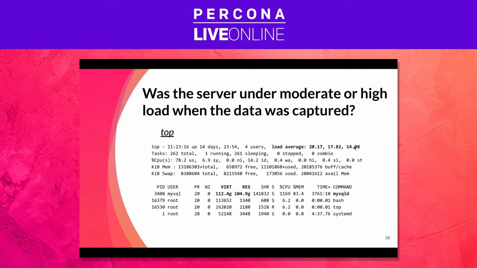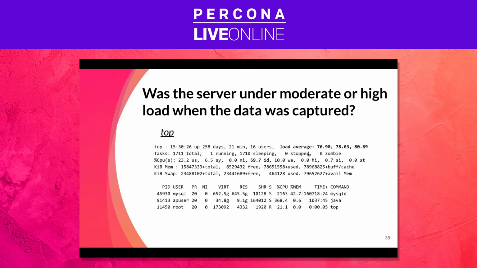It was averaging close to 15 for the past 15 minutes, then almost 18 for the past 5 minutes, and finally 20 in the last minute or so. So increasing load. Just remember that the load metric is dependent on the number of cores in a server.